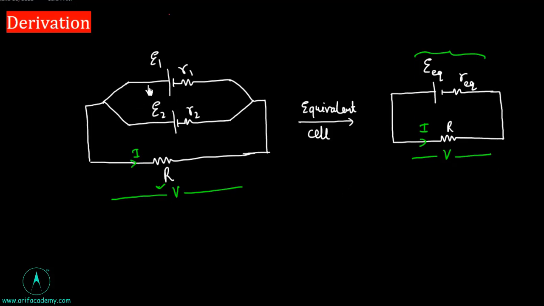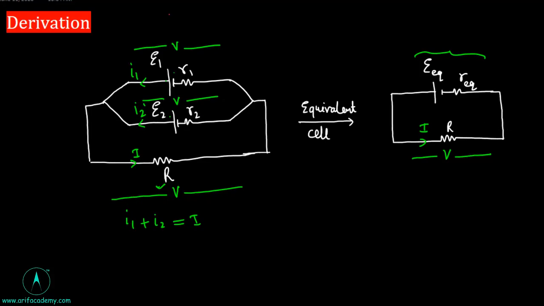Suppose there is a current I1 in that branch and I2 in that branch. So we can write I1 plus I2 equal to I. And if this is the terminal voltage, this is the potential difference across this resistor R. So these three branches are in parallel, so the same potential difference will occur across the three branches.